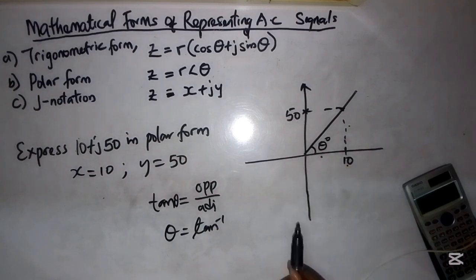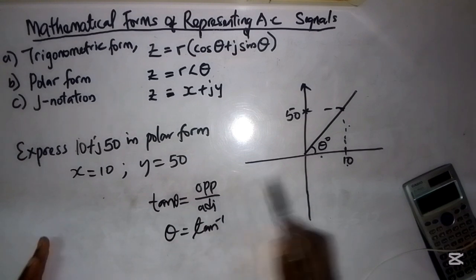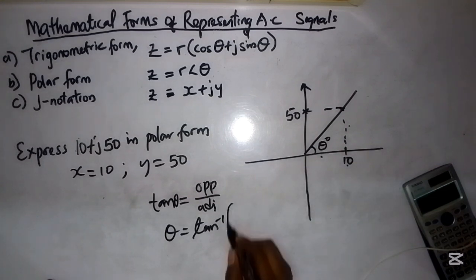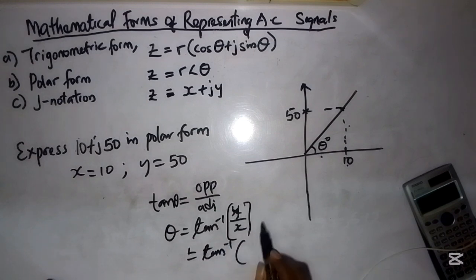Which is our y in this case. Our opposite here is our y, and our adjacent is our x, which is tan inverse of y over x, which in this case is the tan inverse of 50 all over 10. That should give us the angle.